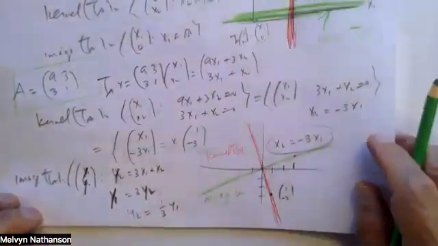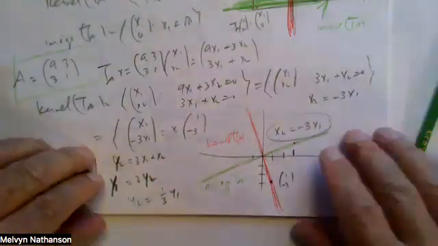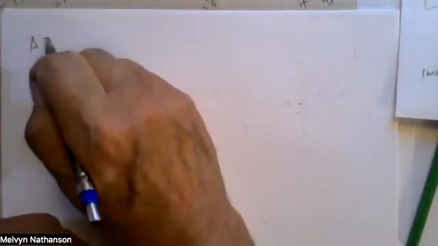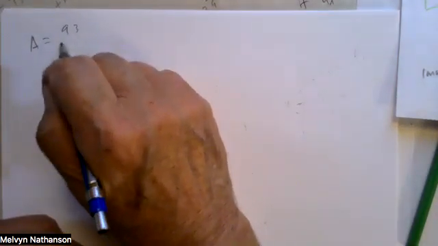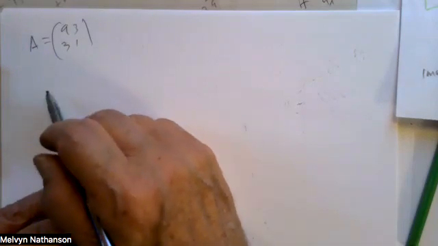How did you get the image again? So I have the matrix A, which is 9, 3, 3, 1. Let me write my vectors as x, y instead of x1, x2.